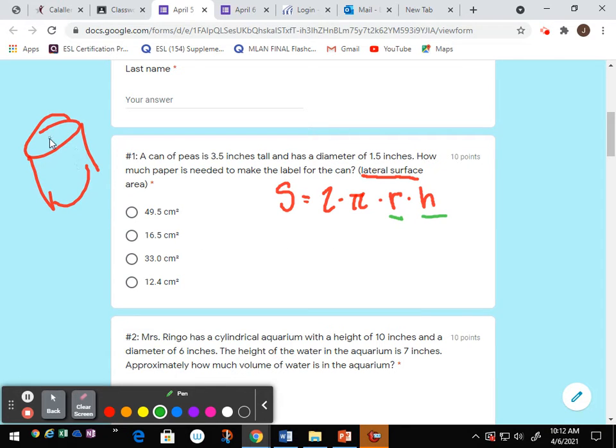Okay, so we know the radius goes from the center of the cylinder to the edge of the circle. We know when we're talking about cylinders, our shape of the bases are circles. We have one on the bottom, one on top.